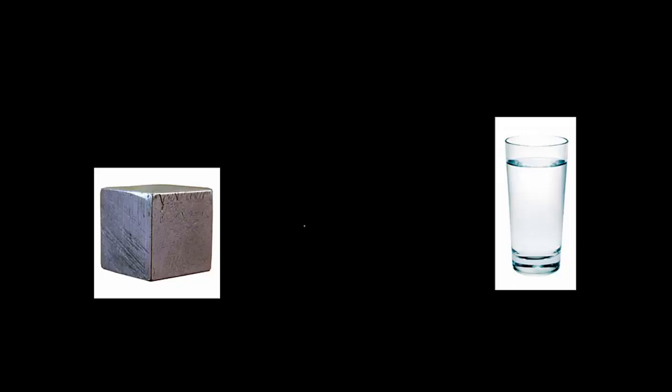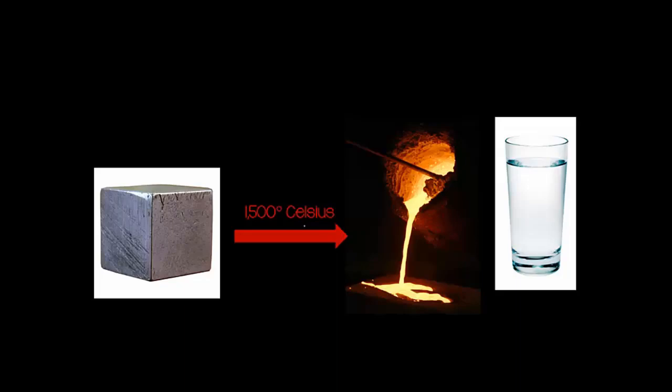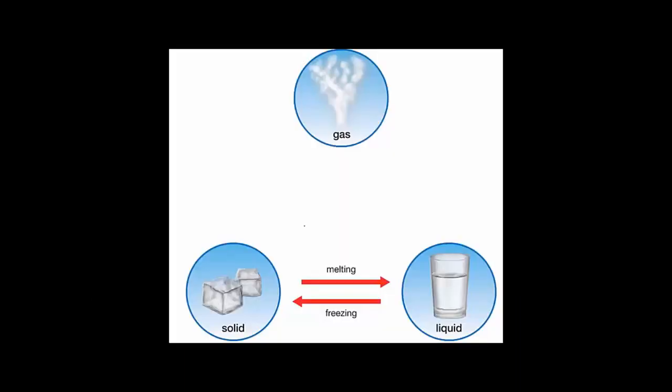But for iron, it takes a lot of heat energy, about 1,500 degrees Celsius, for iron molecules to have enough energy to move fast enough to melt into a liquid. Make sense?